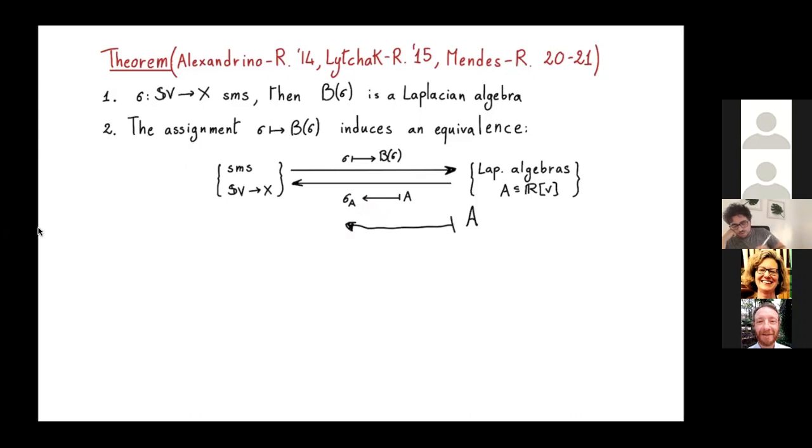you can think about the following. Any Laplacian algebra decomposes the sphere into level sets of the algebra.